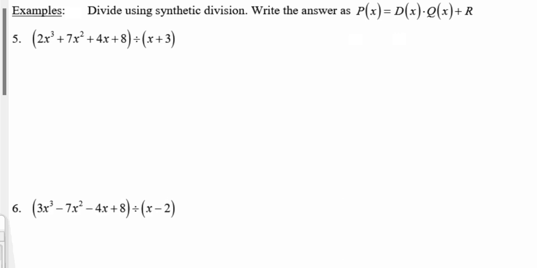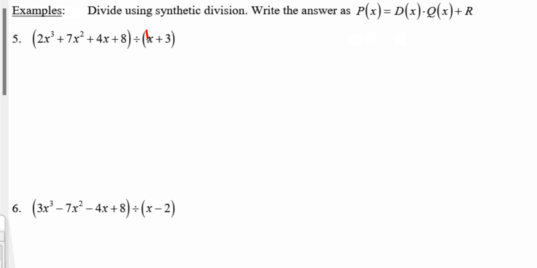And it's best if this binomial has a coefficient of 1 in front of the x. If it has any other coefficient, then there's some adjusting we need to do to our answer to get the answer actually correct. But for this course, we're only expected to be able to divide by polynomials that are degree 1 and the coefficient is 1. So synthetic division will always work for what's required in this course.